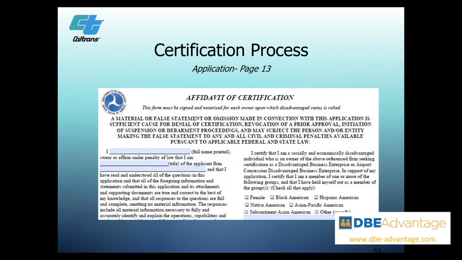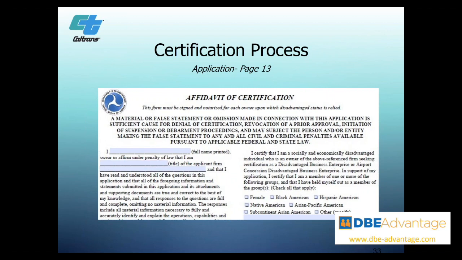The affidavit is really important, for a couple of reasons. One, it has to be notarized. You're basically stating in your affidavit that everything you provided is true and correct, right? That you are who you say you are, and that you understand the information you're providing and the questions.